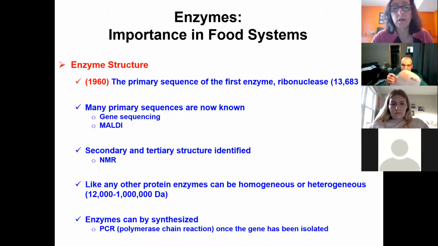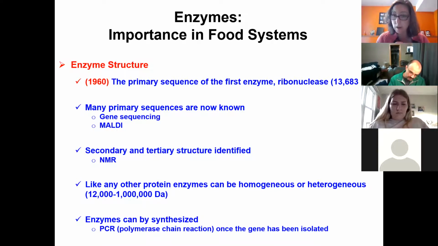And they found that there are homogeneous enzymes that are made only from amino acids, and heterogeneous ones that might have other components. Could be glycosylated, like having a carbohydrate moiety attached, or having a phosphorus group, or even having a cofactor that is irreversibly attached to the protein.